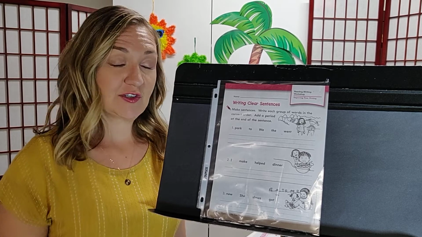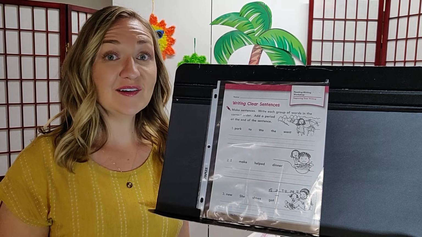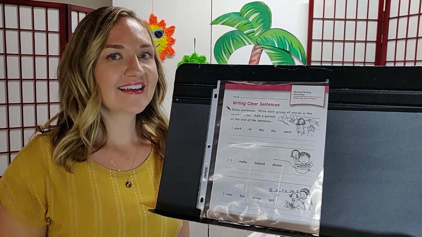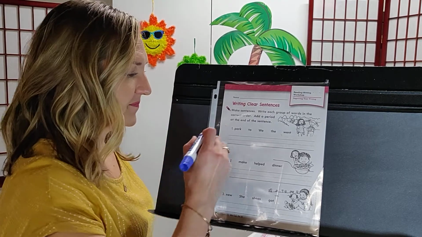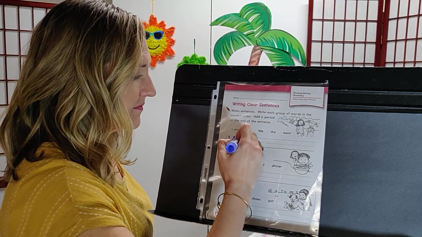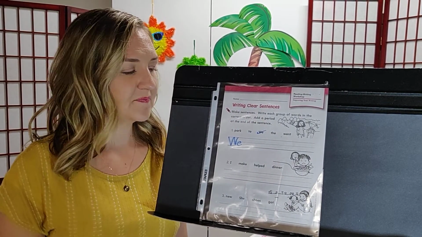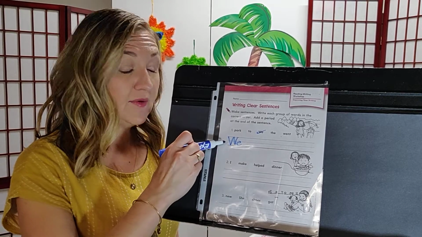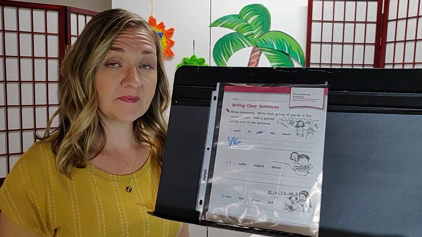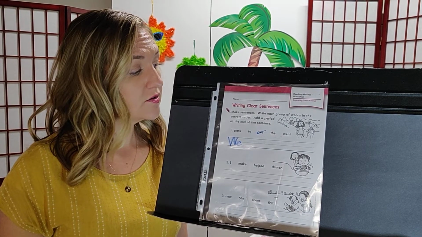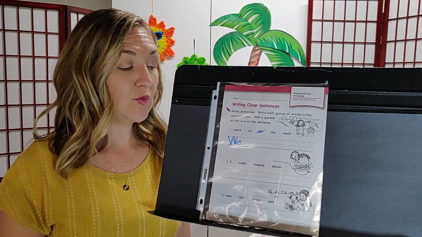What word should go first in this sentence? There's actually a big clue. We know sentences should start with a capital. So right away we know the word we should be at the start. I'm going to check it off to make sure that I know I've used all the words. We, that tells us who. Now we need to think about what do we do. What did we do?